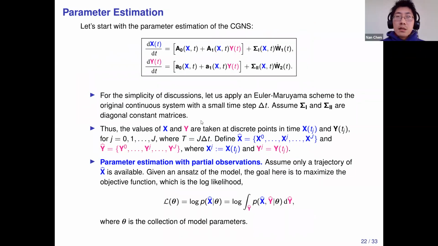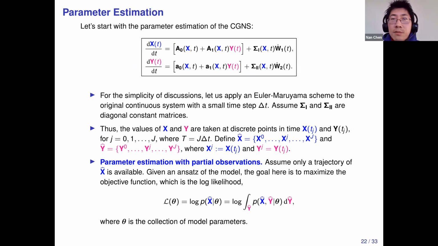Okay, so the last topic I want to mention here is parameter estimation. I also want to show how the conditional Gaussian framework can be used as a preconditioner instead of just a surrogate model. Parameter estimation is very important because without the parameters, you don't know how to understand the system and how to forecast the system. Of course, there are many different ways to do parameter estimation.